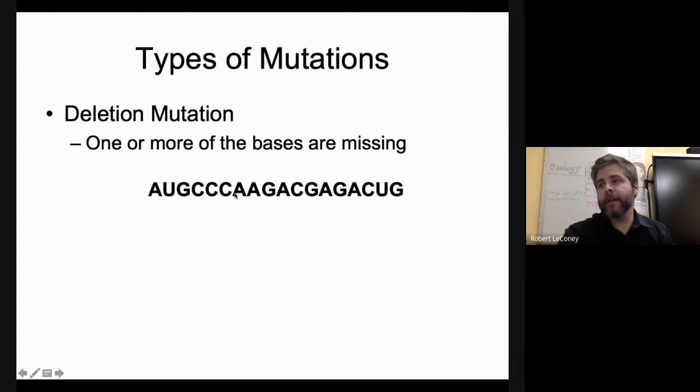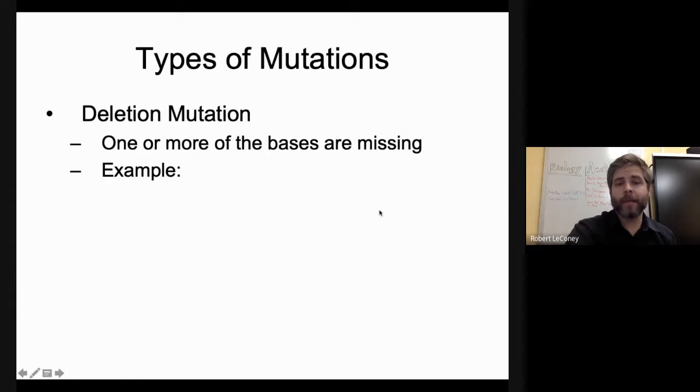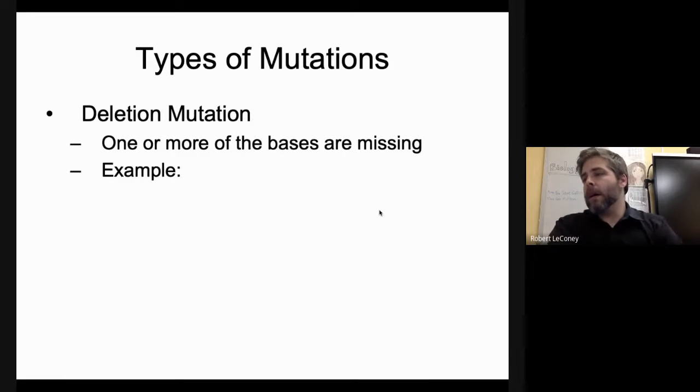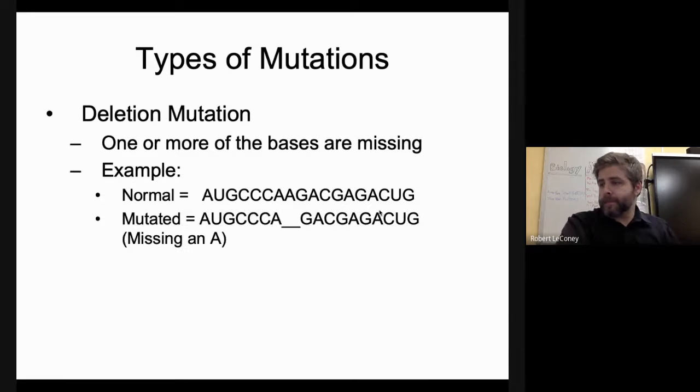I've already forgotten. AAG, now we have AGA. That's the wrong code. We were supposed to have AAG, then ACG. Now we have CGA. So everything afterwards is wrong. That's going to be one of our words coming up. Right now, though, this act is a deletion. That's it. One or more bases are missing.